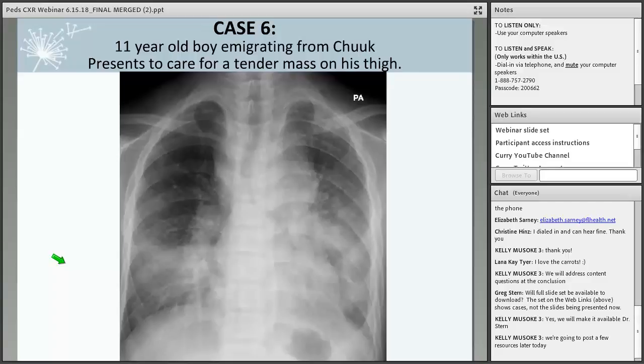So even though Dr. Vu showed you all those beautiful films that turned out to be tuberculosis, I think we really need to scrutinize these cases carefully, especially when there's no history of TB exposure, and maybe there's not a positive skin test or a positive IGRA test.